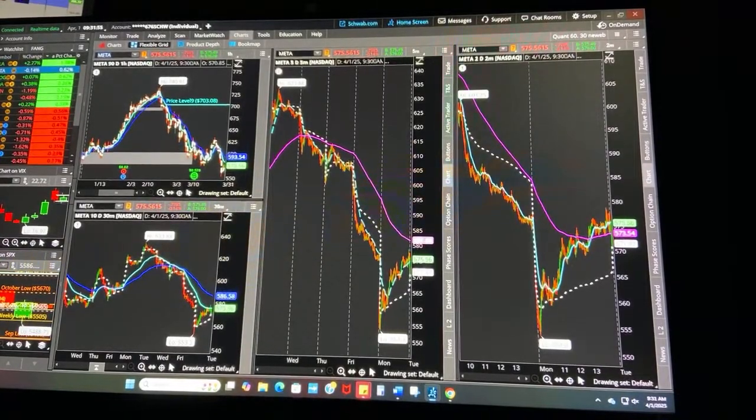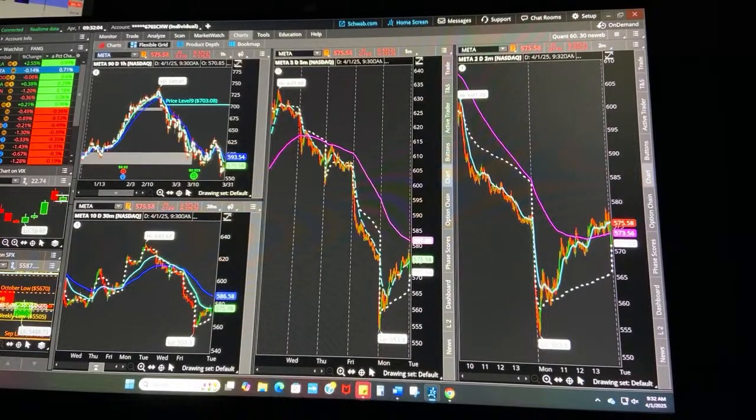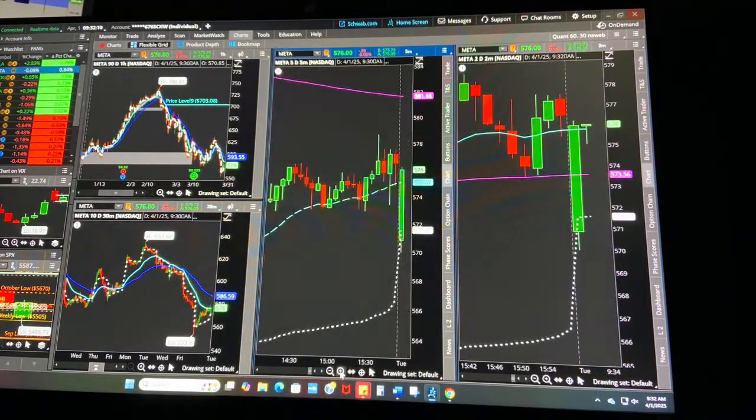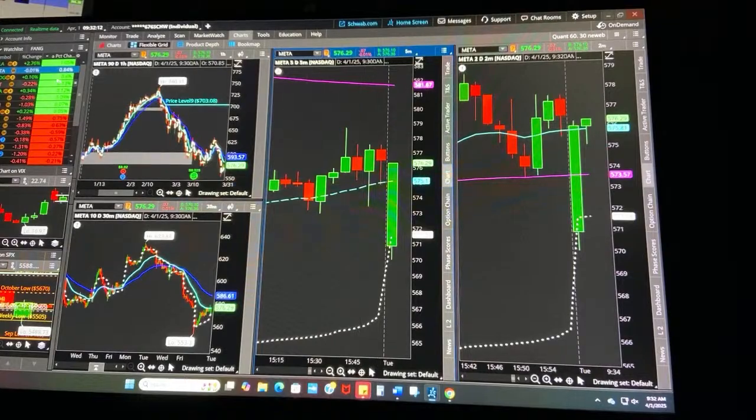Right now, Tesla, Google has a wide range bar off the open. Meta as well, decent.